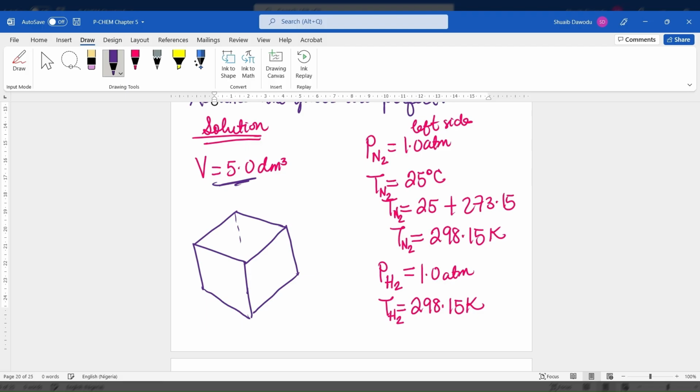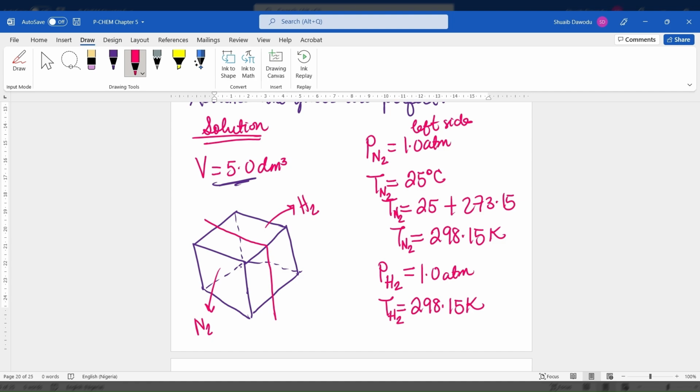So, this is a container. Just want to show you guys with a diagram. This entire container is 5.0 dm cube. This partition now comes and divides it into two. You have the left side and then you have the right side. The left side here is where the nitrogen gas is. The right side is where the hydrogen gas is. Now, what is going to be the volume of the nitrogen and the volume of the hydrogen?